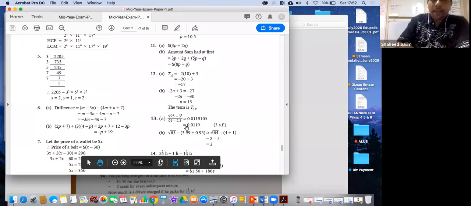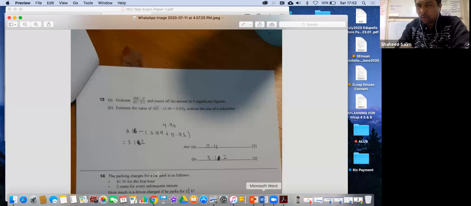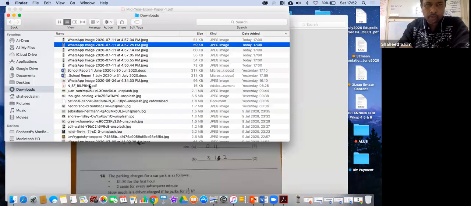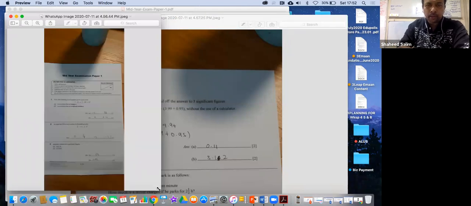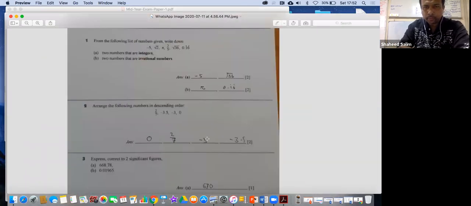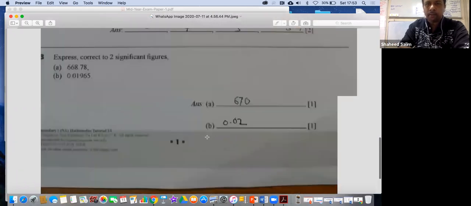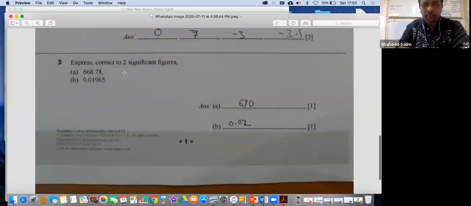They want 3 significant figures. Okay, so let us look at this one first, the significant figures. I forgot to spot your mistake down here. Your first one down here: when you have 2 significant figures, for as long as it's 0, like this one is 0, this one is 0, you don't count it as significant figures.